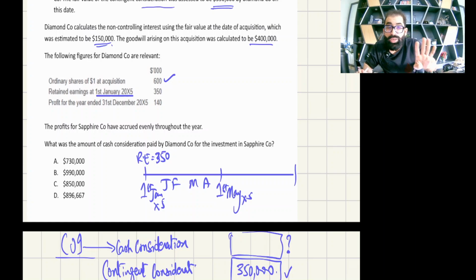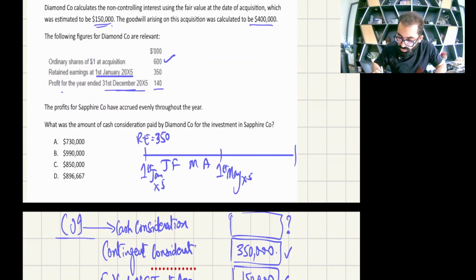So you need to go forward from 1st January to 1st May and add 4 months profit. Now tell me, what is the profit for the complete year? It is 140. So you will be doing 140 into 4 upon 12.